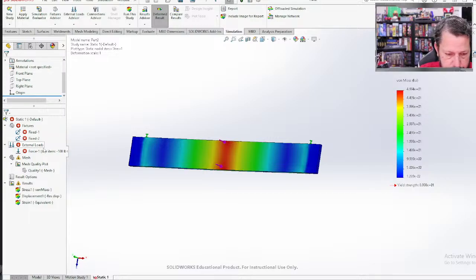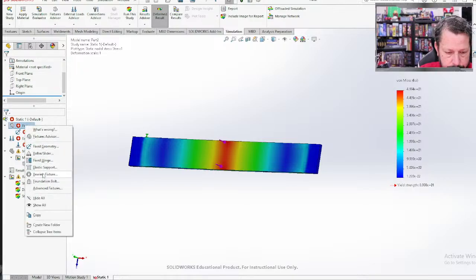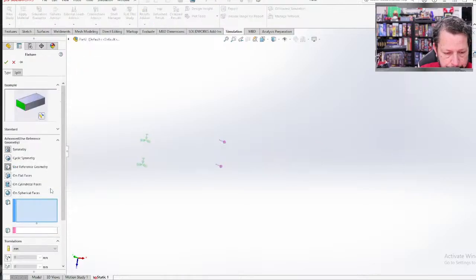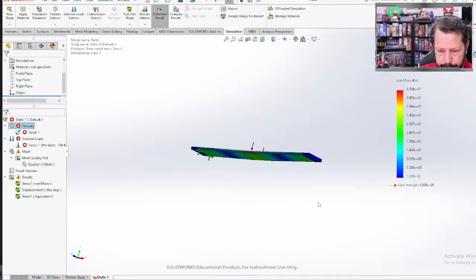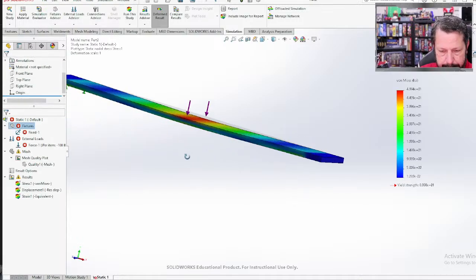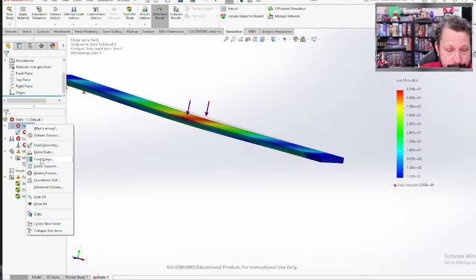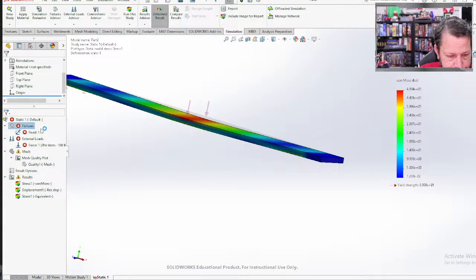So let's see if I delete this guy and then replace it with our advanced fixture. Oh, wow! Why are we not showing our? That's a little weird. I guess because I have it. That's going to be hard to do, isn't it? Probably should have undone a bunch of actions. Let's just see if we can do it.